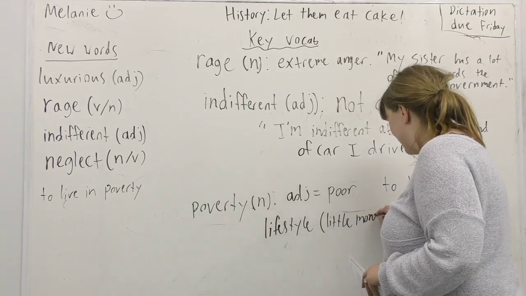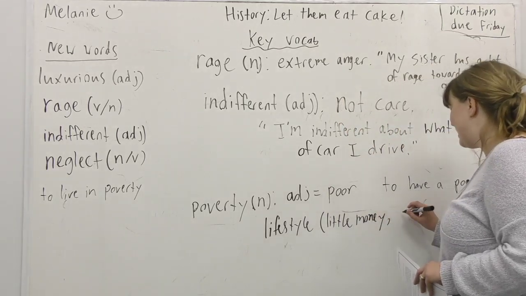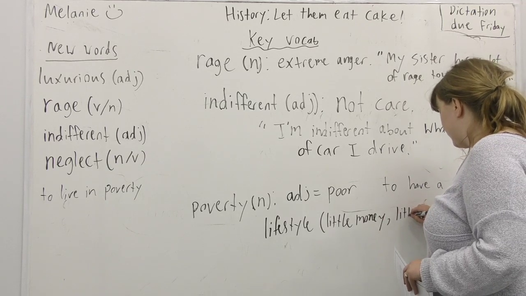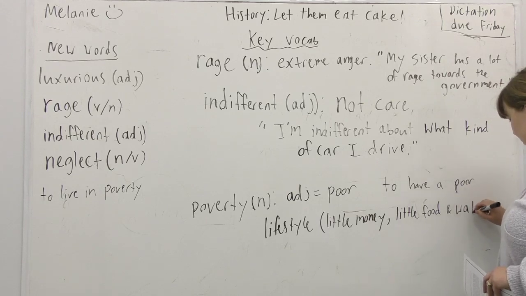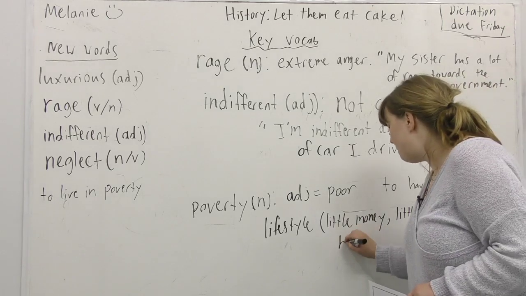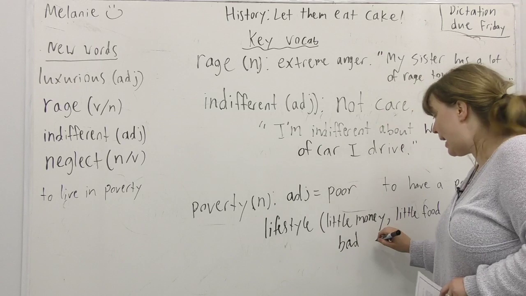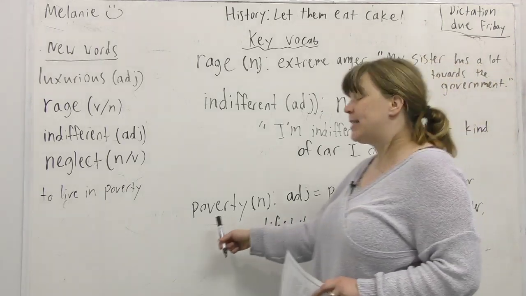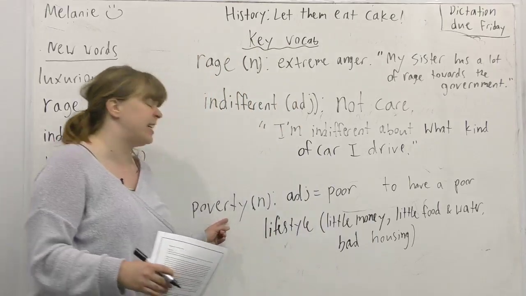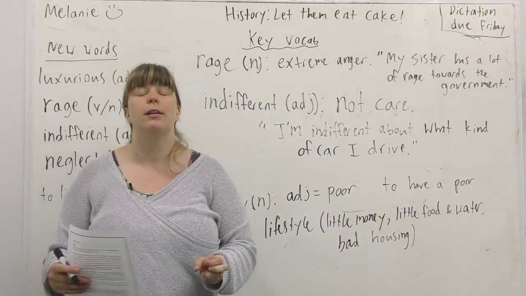Remember, we can't count money really, so we say little money, little food and water, maybe bad housing. Maybe the housing is awful. This is an issue all over the world. Poverty is a big issue around the world.